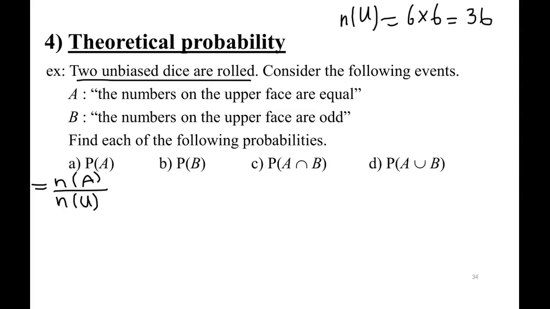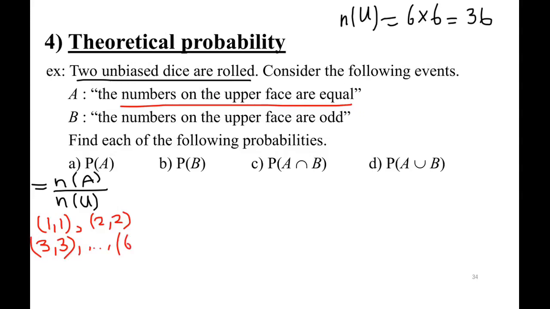Now we need to find the total possible outcomes for event A. Event A is defined by the numbers on the upper face are equal. The faces are equal when we have the numbers showing 1 and 1, 2 and 2, or 3 and 3, etc., all the way to 6 and 6, following the same pattern.